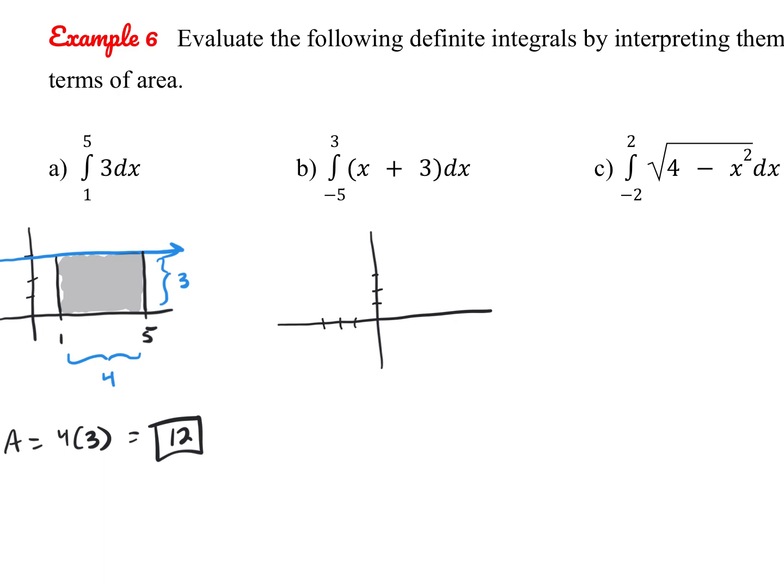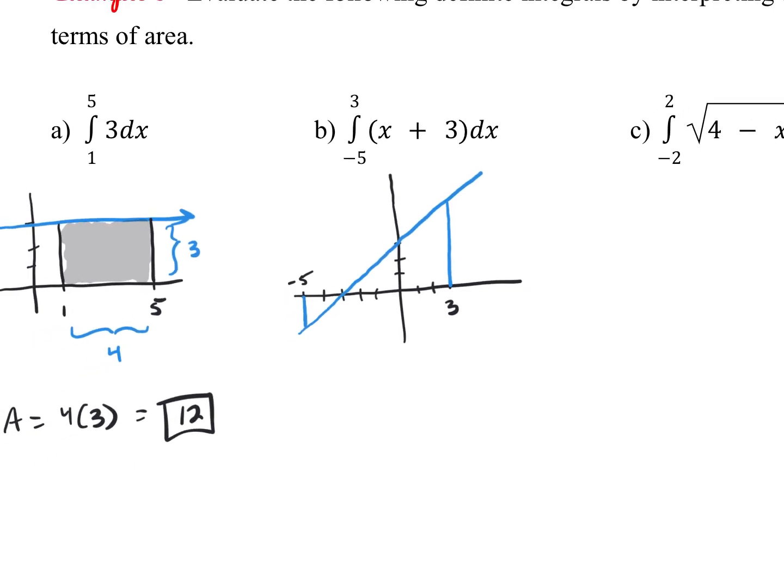It also has an x-intercept at negative 3, so it looks like this approximately. And then here's negative 5, and we'll say here is positive 3.